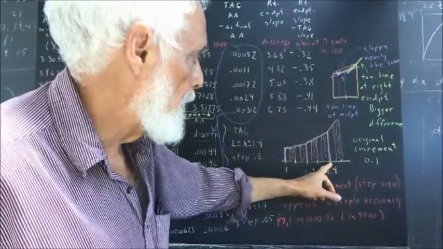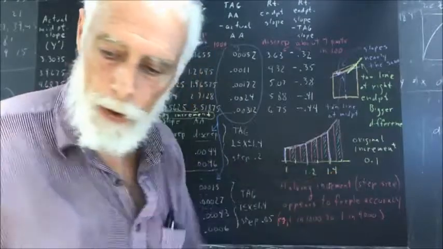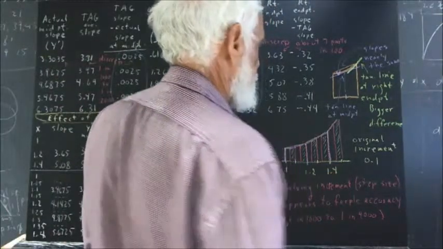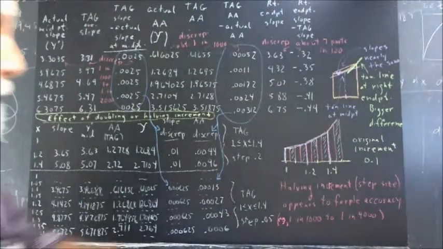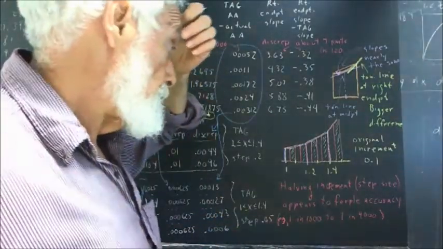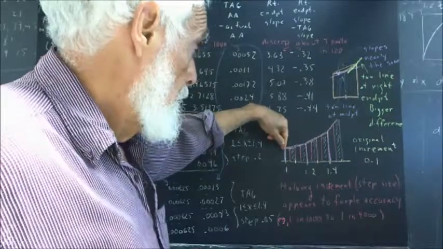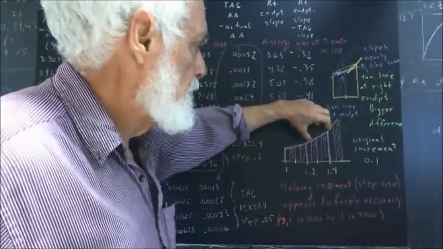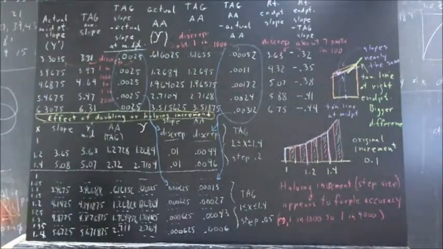Now we also had our trapezoid from 1.4 up to 1.5, and yeah, not going to do anything with that. But what we've done then is this purple graph represents the trapezoid where the increment is 0.2.